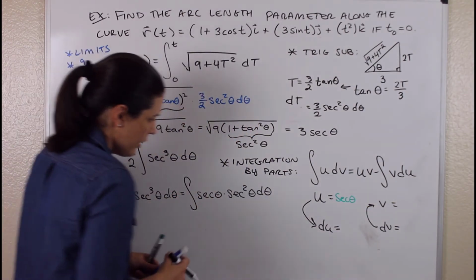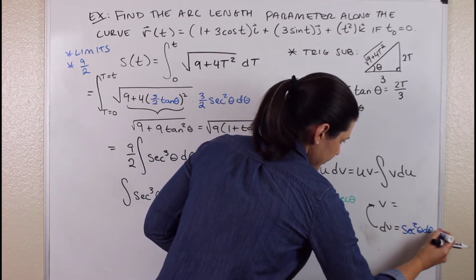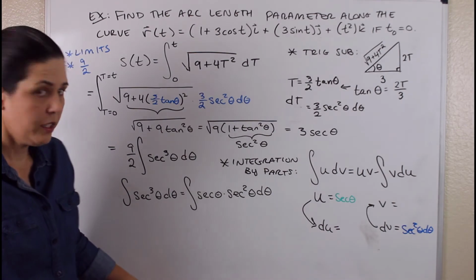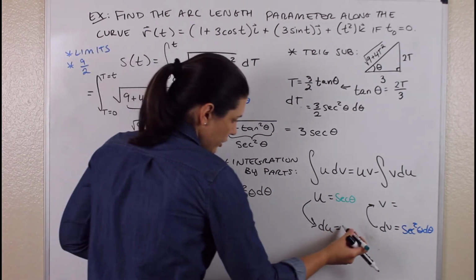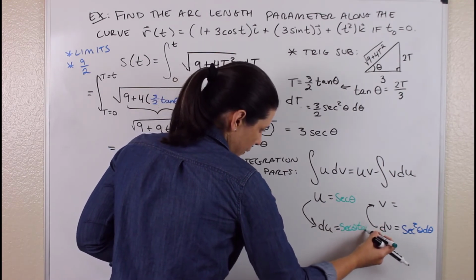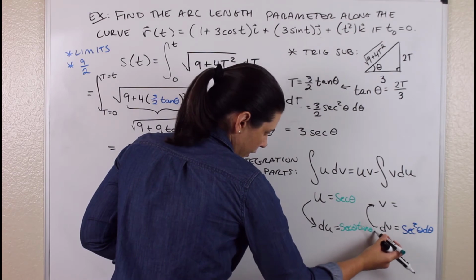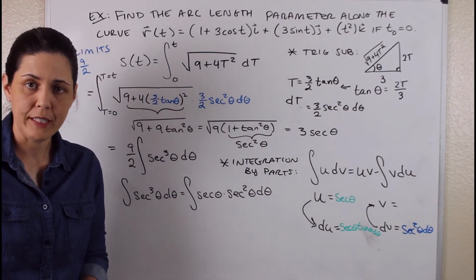So dv is secant squared theta d theta. And then I find du by differentiating secant theta. So that's just going to be secant theta tangent theta. And then technically there's a d theta back here.